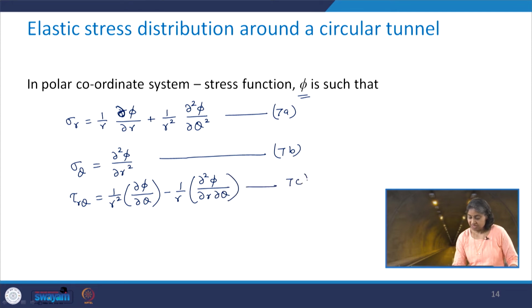This is 7c. So, this is how we can represent phi in terms of the polar coordinate system. Earlier we were doing it in terms of the Cartesian coordinate system x and y, but right now we are taking it with reference to the polar coordinate system, that is r theta.